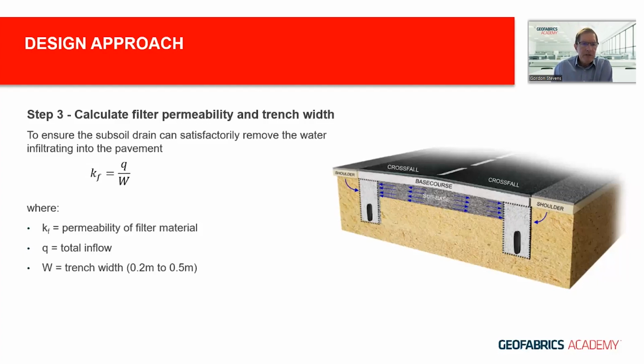Step 3 is calculating the filter permeability and trench width. So here the permeability of the filter is looking at the total inflow and your width of your trench, which is typically in the order of 0.2 to 0.5 meters in width.